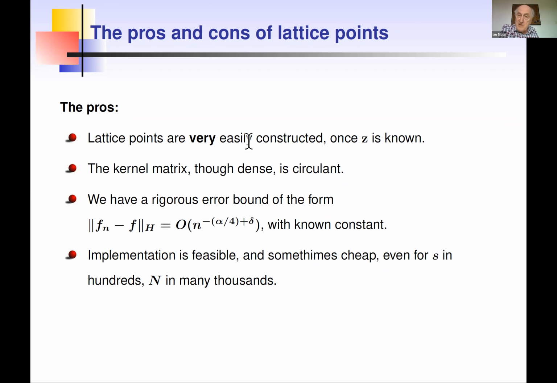That makes it extremely easy to solve the linear system. Third, we have a rigorous error bound of this form with a known constant. So we really do have an error bound if we have a bound on the norm of F. And finally, the implementation is feasible and sometimes cheap enough, even for S in the hundreds of dimensions, and N in the thousands or even millions.